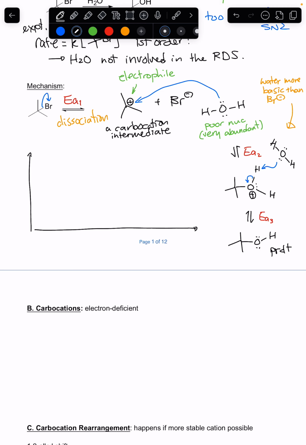And in between you have the intermediate. So the x-axis just tells you how far you've gone through the reaction pathway. And maybe we'll say here's the substrate, and the product is maybe slightly above or lower in energy than the substrate. It's really hard to tell. It's about the same energy level.